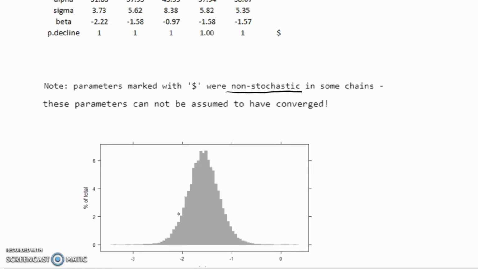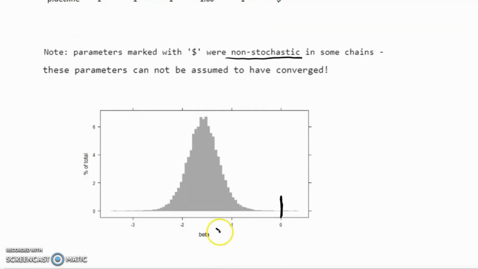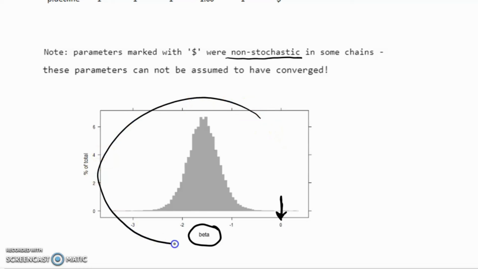In other words, it's a reflection of the slope. And so if you think about the posterior distribution, what we're looking at here is the posterior distribution of beta. That's our slope. And there is 0 right there. So when you look at it, it's almost certain.